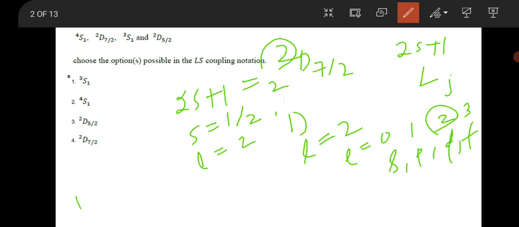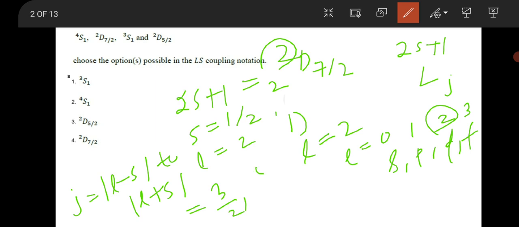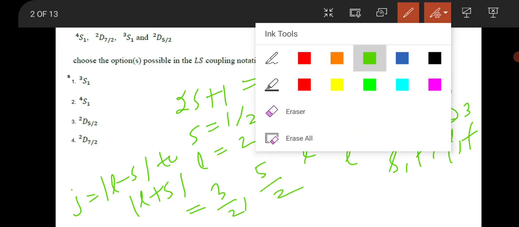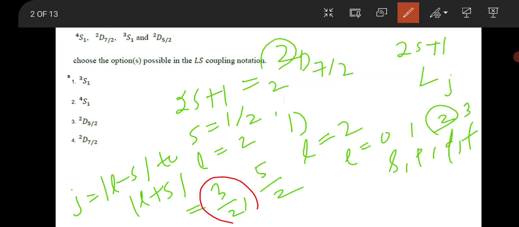Now the possible J will be from L minus S to L plus S in steps of 1. So it will be 2 minus 1/2, that is 3/2, and 2 plus 1/2, that is 5/2. So there are two possible values of J, it may be a 3/2 state or a 5/2 state.